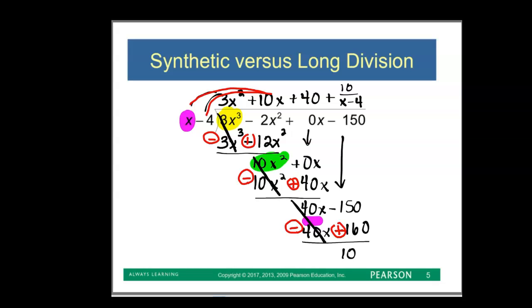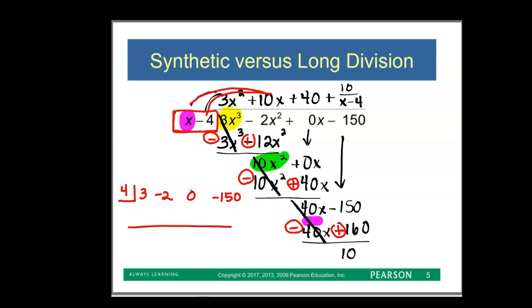Now what we want to do is look at a shortcut. I can use synthetic division here because the divisor is of the form x minus k. So what we do here is put our value for k out to the side, and then write in the top row the coefficients of our terms, which are 3, negative 2, 0, and negative 150.